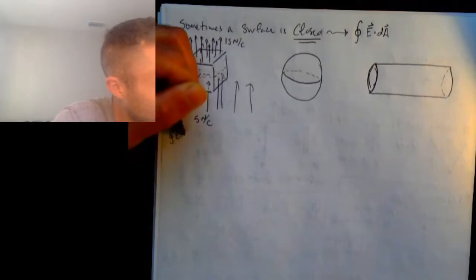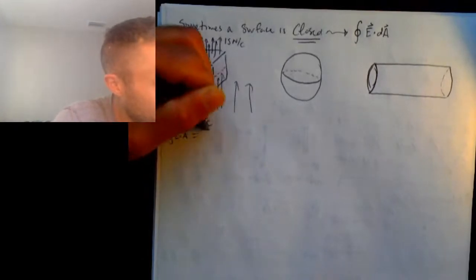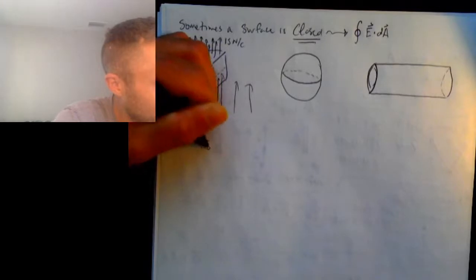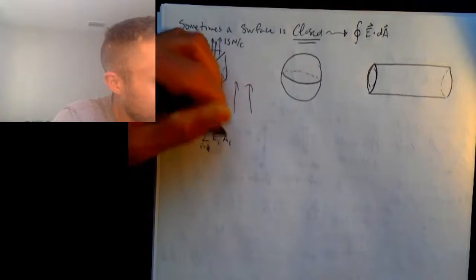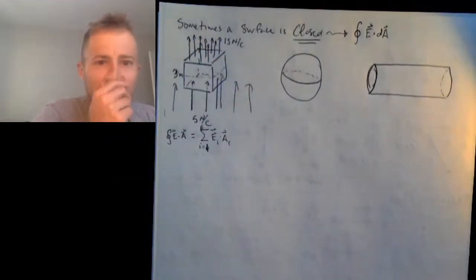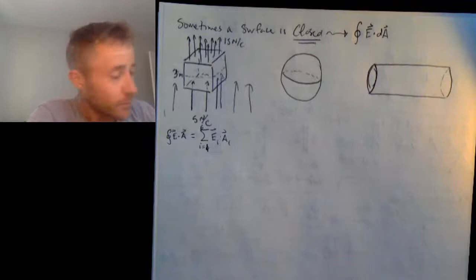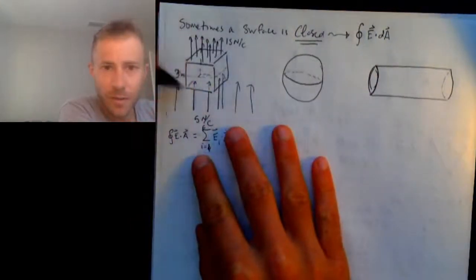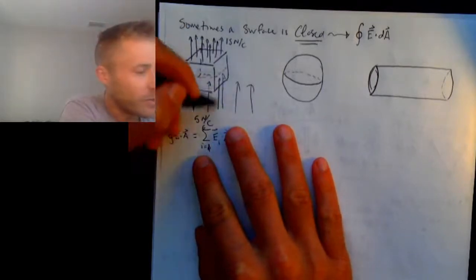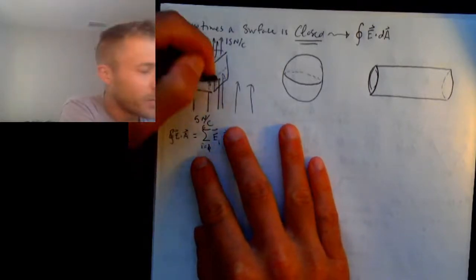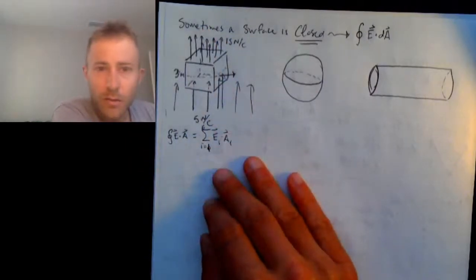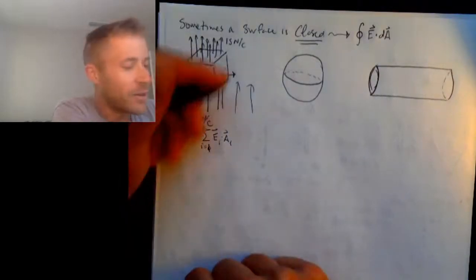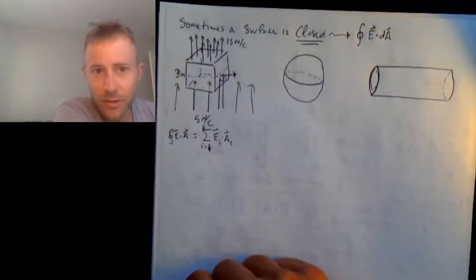So it's going to be the sum, i equals 1 to 6, of E_i dot A_i. But here's the thing. For the four faces around the middle here, the electric field points up and down, but the area vector points side to side. So for those 4, the angle is 90 degrees, and so the flux is 0.